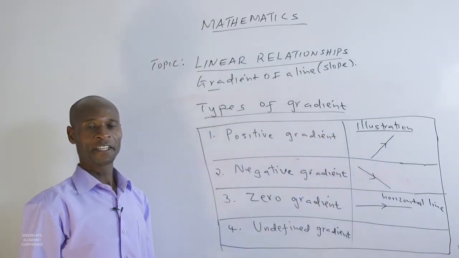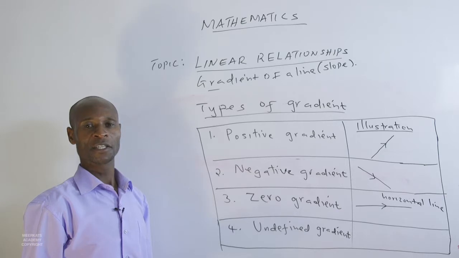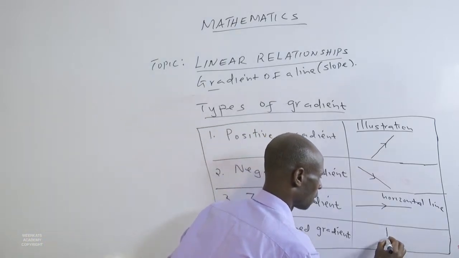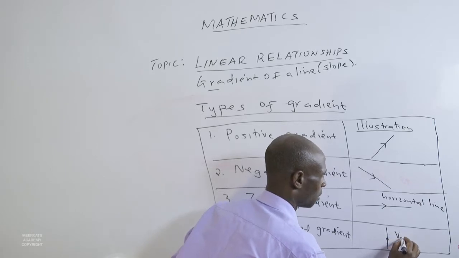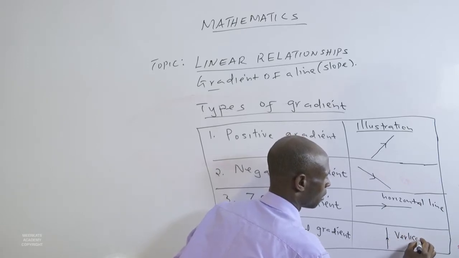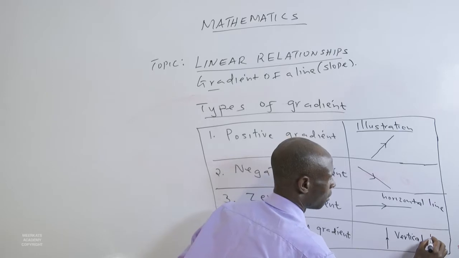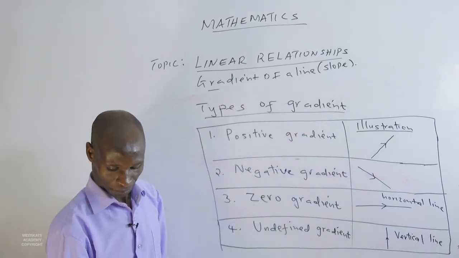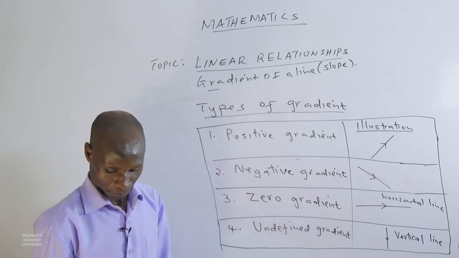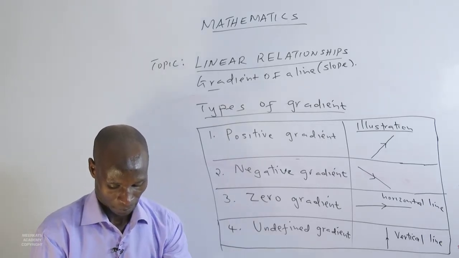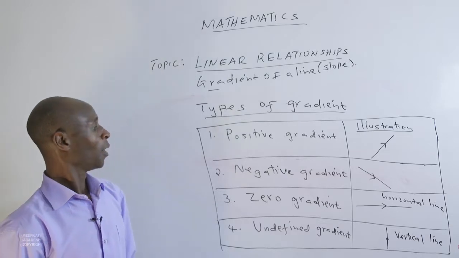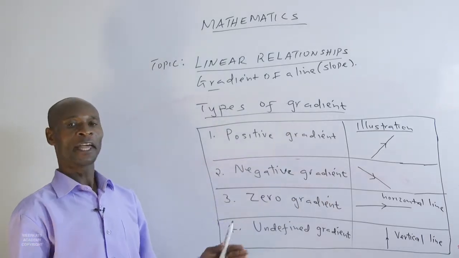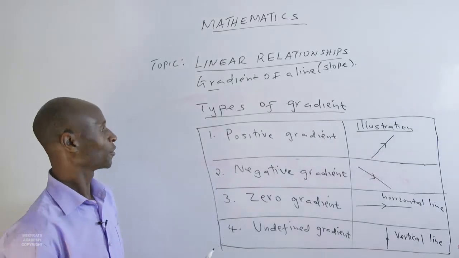For undefined gradient, we represent it using a vertical line. Now, we can put this summary on a Cartesian plane as follows.